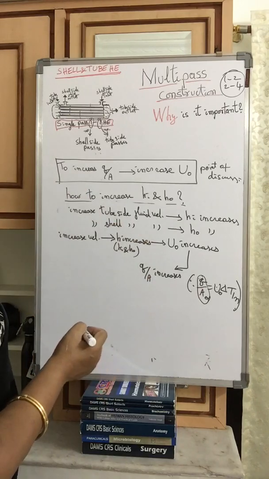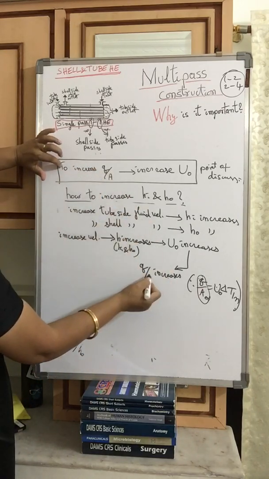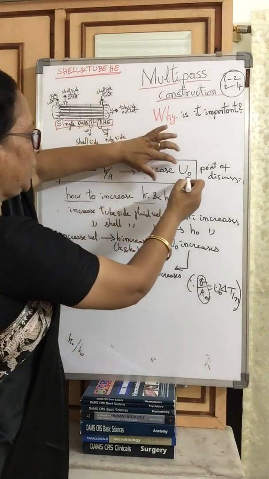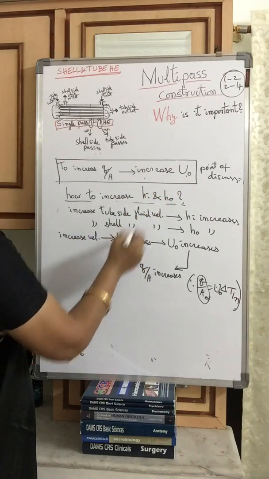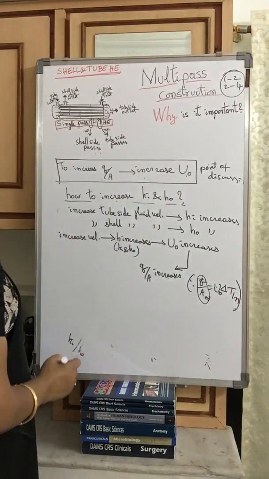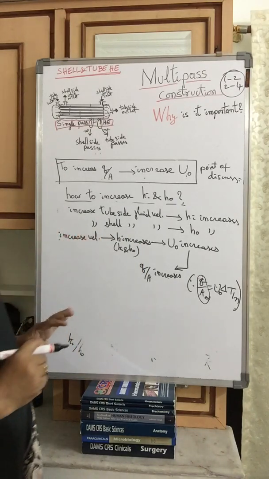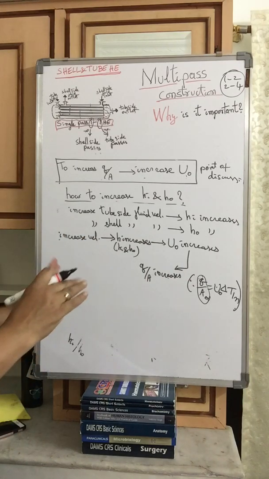That is, heat flux will increase. So now you can compare with this. Q by A can be increased by increasing U naught. U naught can be increased by increasing HI and H naught. HI and H naught can be increased by increasing velocity. From the back we have written here. So this is the concept.